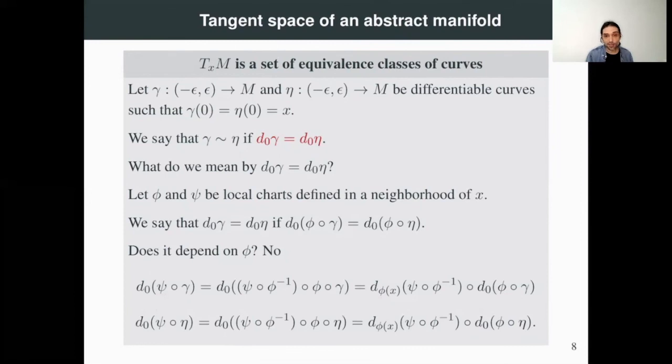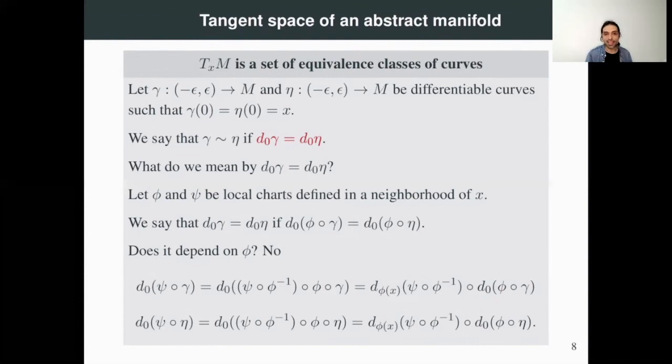But it works also the other way around because this map over here is an isomorphism, so we can actually compose with its inverse and make the exact same argument. So this definition does not depend on local charts, and so we can define a set of equivalence classes of curves in which two curves are equivalent if the speeds at which they travel when they go through 0 are the same.